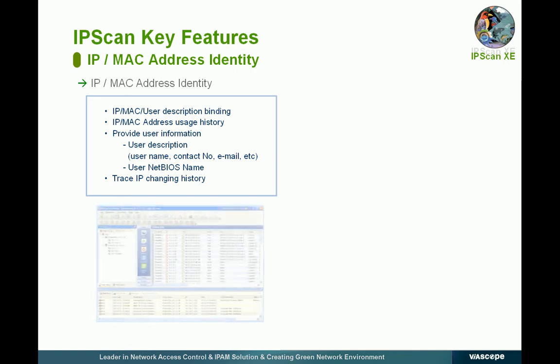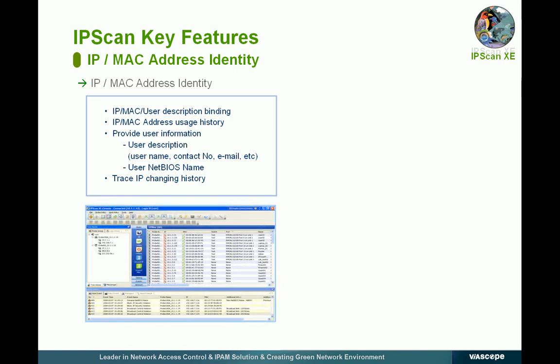For a proper management of the users, provide information of the username, contact number, and email address as the user-defined field for IP or MAC management. The data, then, will be changed according to the change to the IP or MAC address. This is necessary for proper management of the user information as well as the usage history.